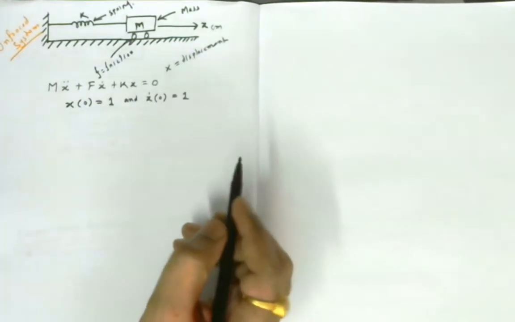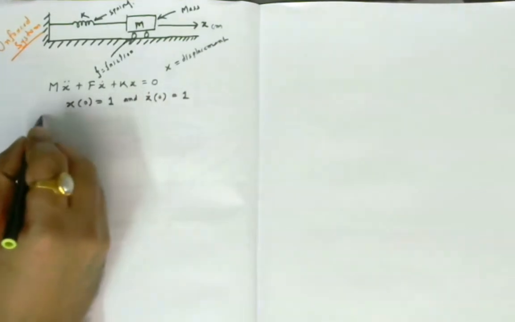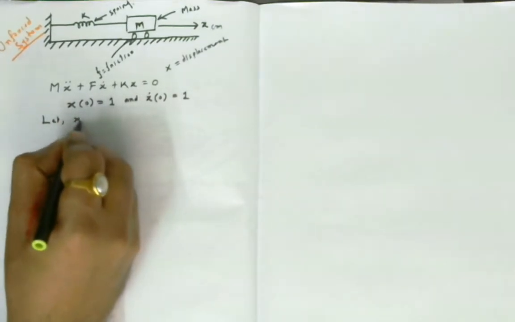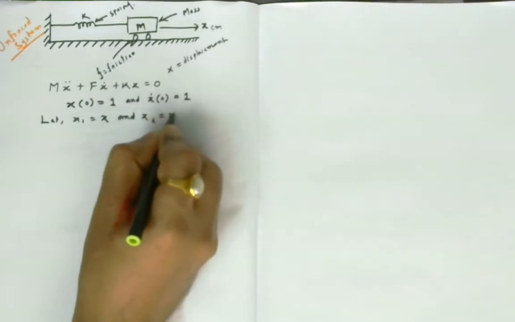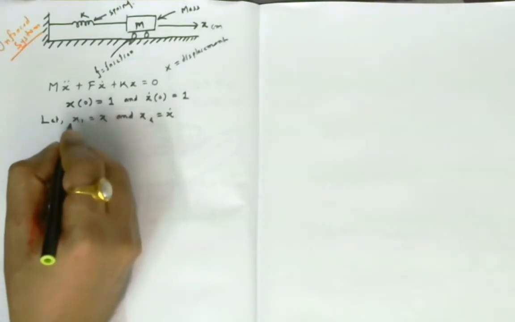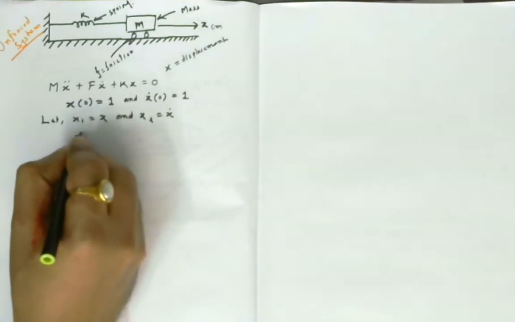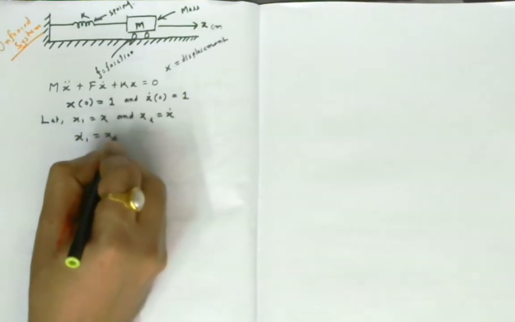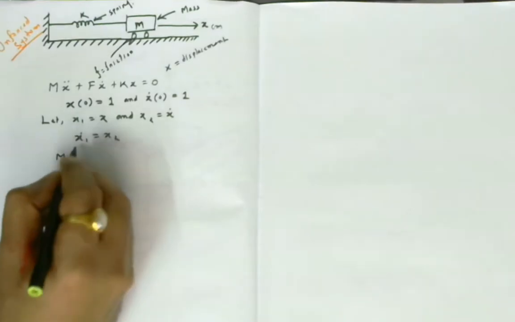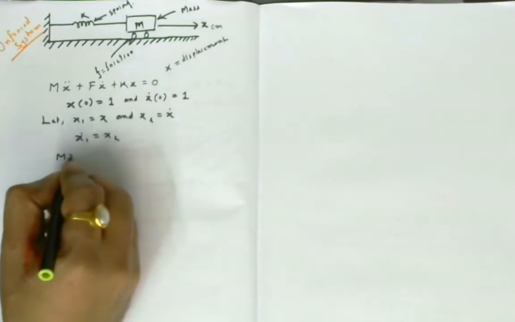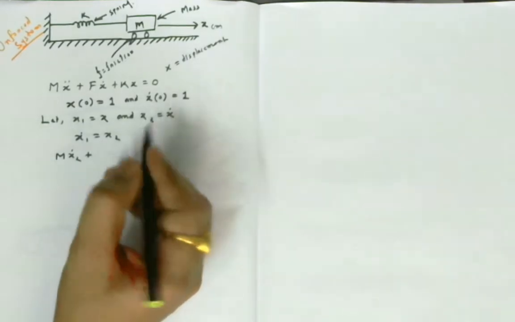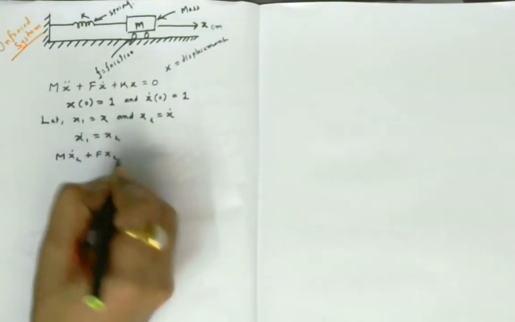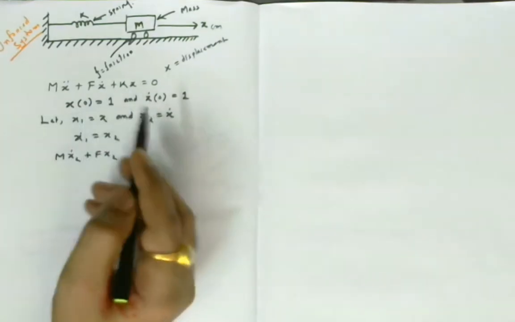If you assume your state variables, say let x1 equals x and x2 equals x dot. So x1 dot equals x2, and x double dot means x2 dot, plus f x dot, where x dot means x2, and x means x1.